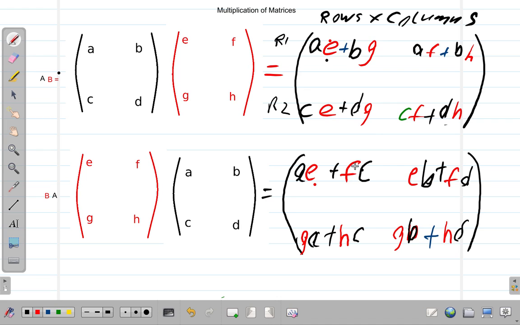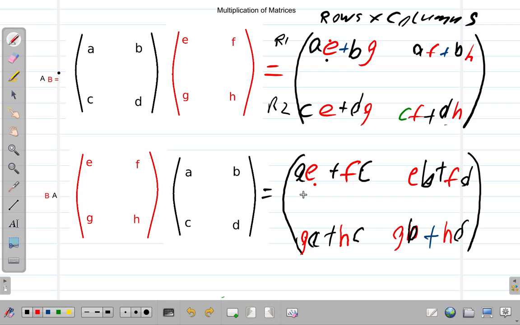But hold on. This is BG. This is FC. This is EB plus FD. This is AF plus BH. They are different. GA plus HC is here. CE plus DG. Different. CF plus DH. GB plus HD. Different. What does that tell you?